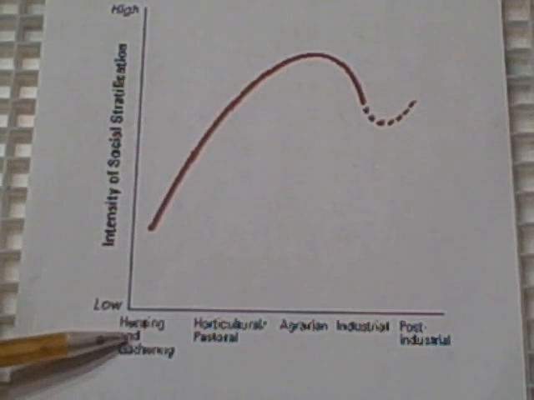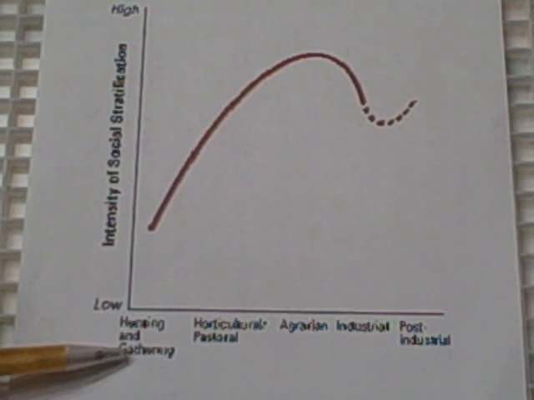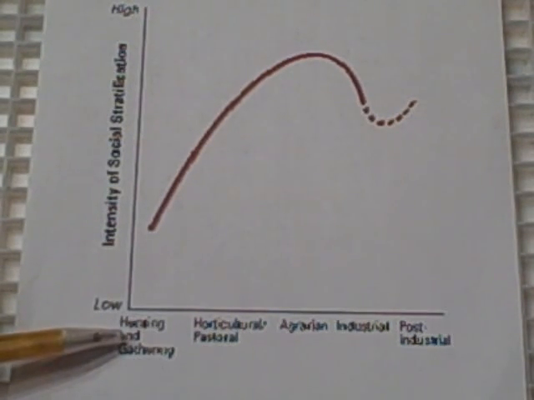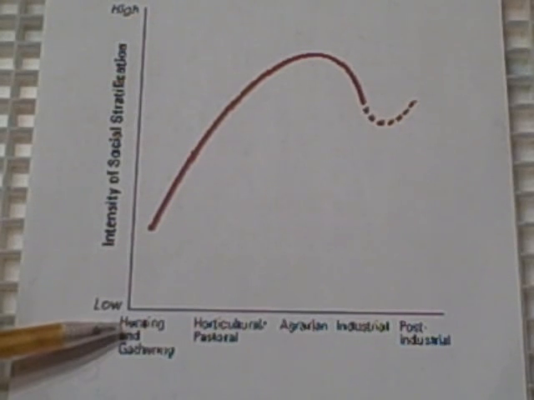Okay, so let's look at the curve. If you remember from Lenski's societies, hunter and gathering societies had very low social stratification. There wasn't much difference if you were a hunter or a gatherer. Everybody contributed to that society.